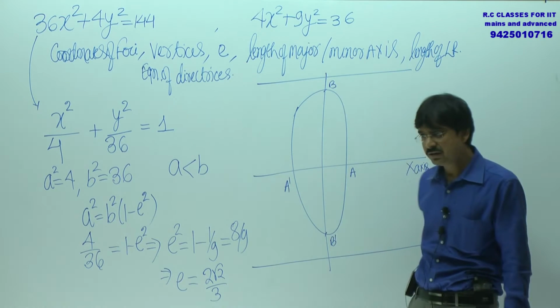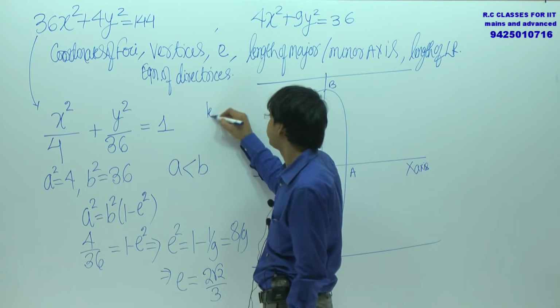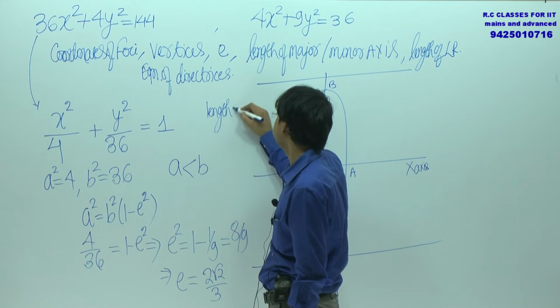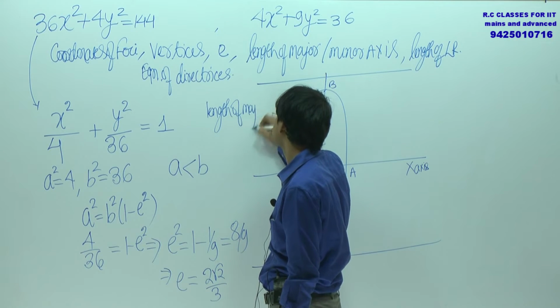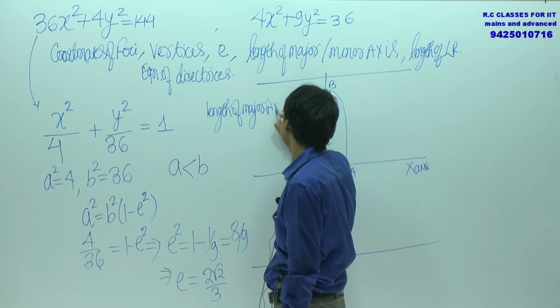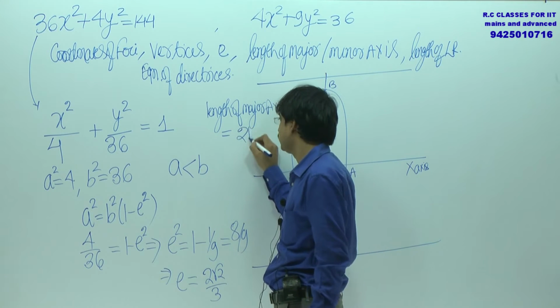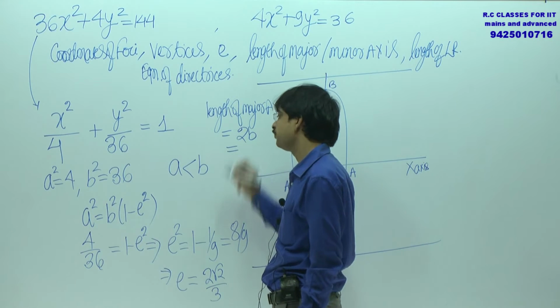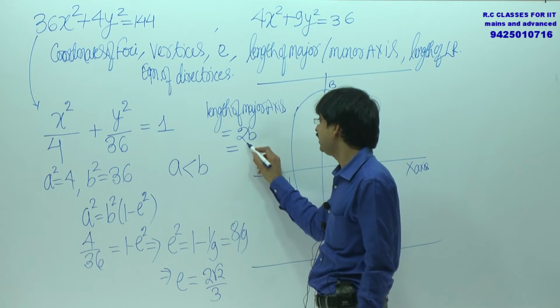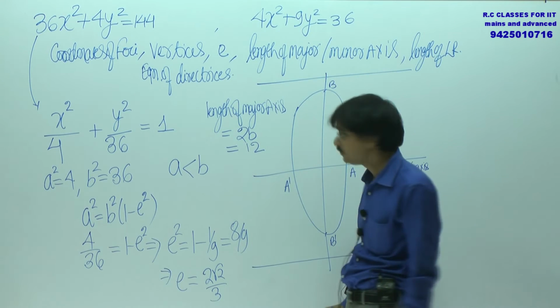So if I ask you the length of major axis, so length of major axis is going to be 2b there, and 2b that will be equals to 12. 2 into 6, 12.